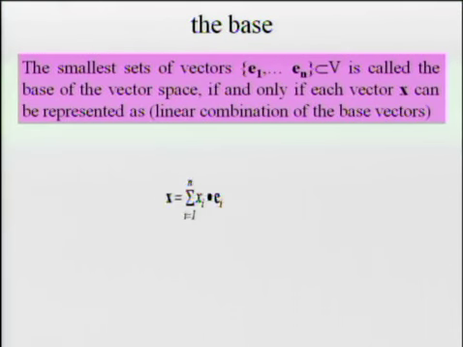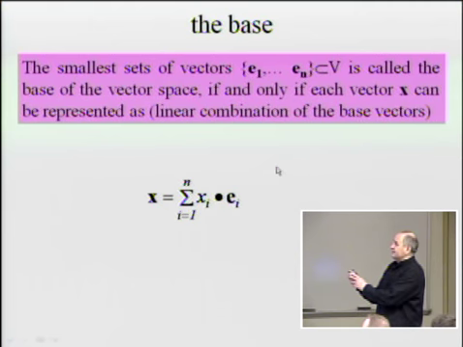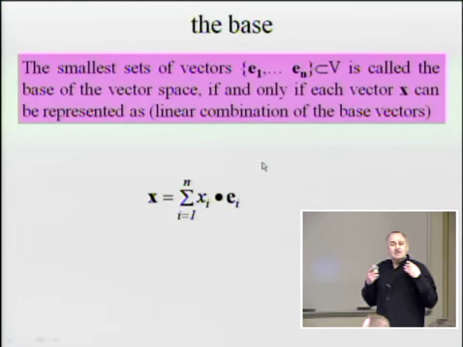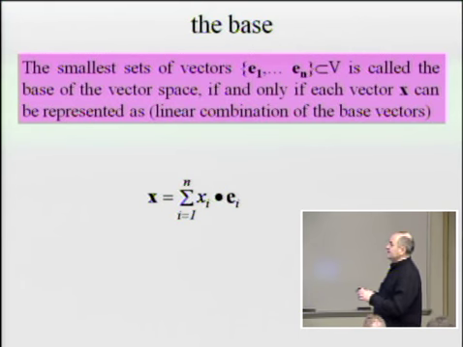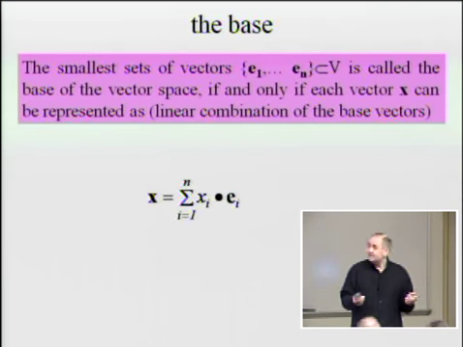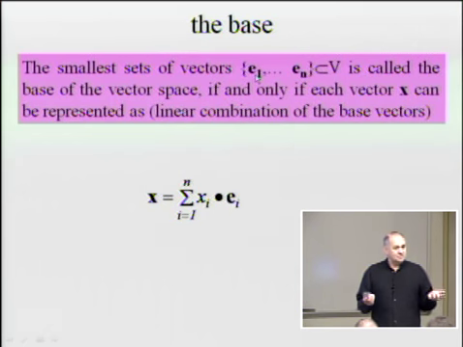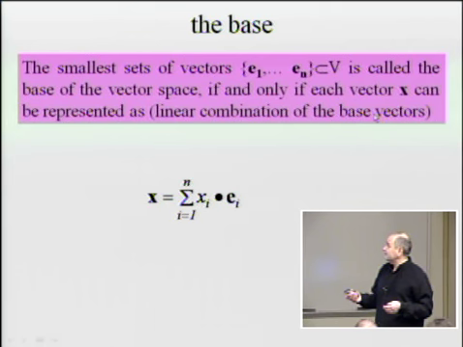If you read the chapter, probably you saw that every vector can be written as, we say, a linear combination of vectors I, J, and K. In general, this is the case for any type of vector space, that we can find a smallest set of vectors. I made it a little bit more general, so instead of writing I, J, and K, I write E1, E2, and so on.